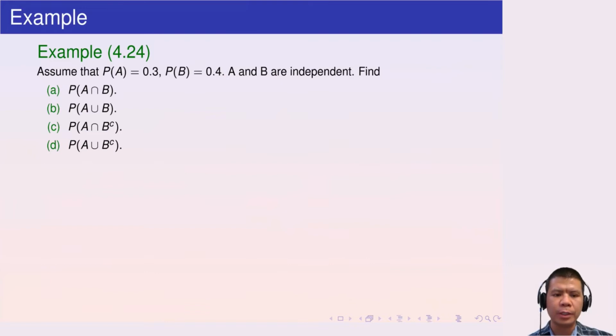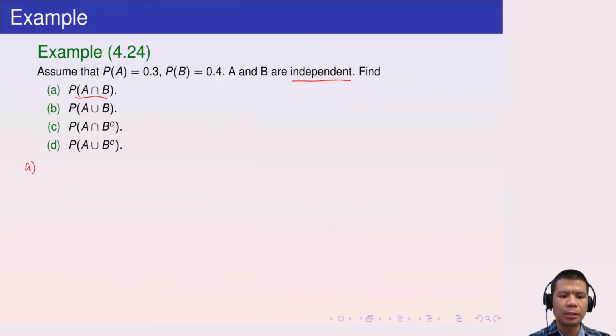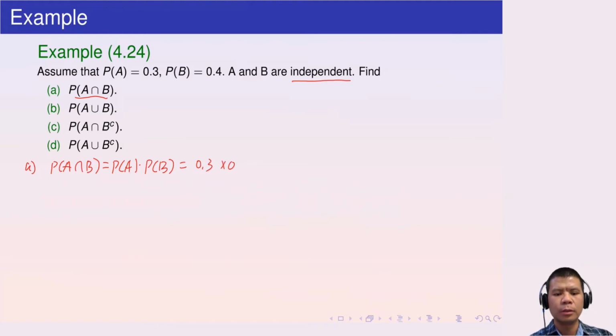Consider this example. Assume probability of A is 0.3, probability of B is 0.4, and A and B are independent. We want to find the following probabilities. Because they're independent, the probability of the intersection is simply the product of their probabilities, and 0.3 times 0.4 equals 0.12, right?